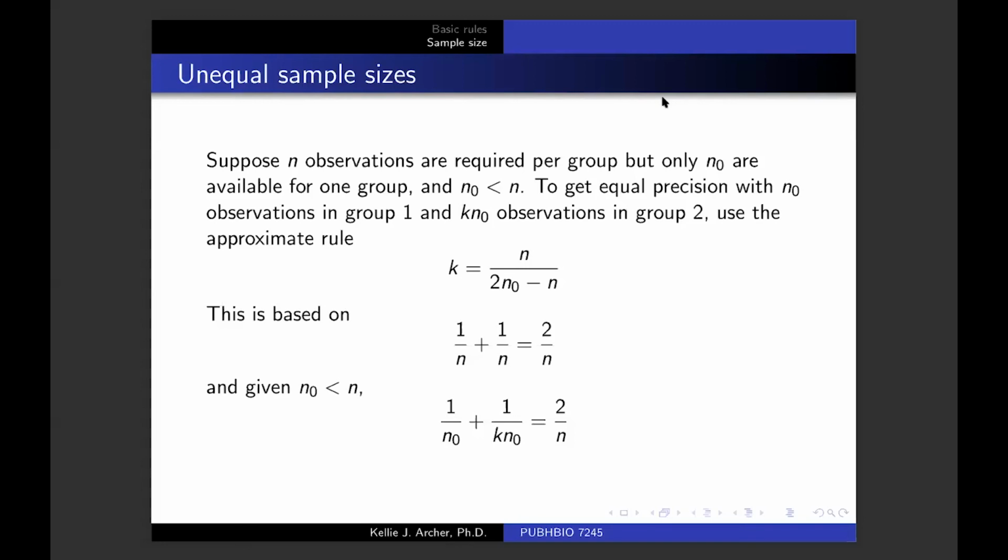This can happen in a number of scenarios, such as when there just simply aren't enough subjects that experience a certain condition that you're studying. So we can still get equal precision with n naught observations in group 1 by using the approximate rule that k equals n, the sample size. Okay, and so essentially we want to use this rule, which is based on these equations.